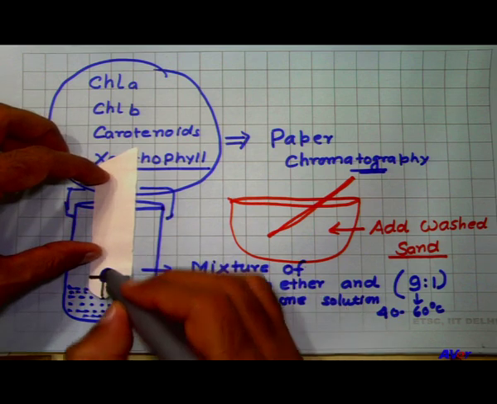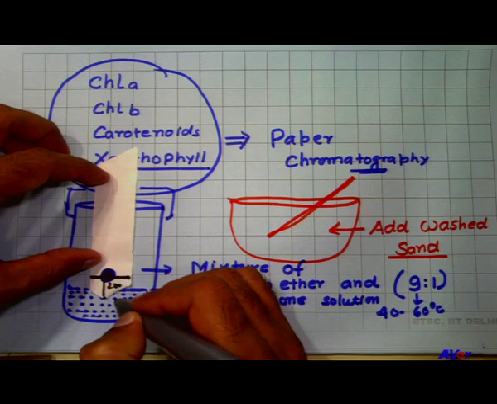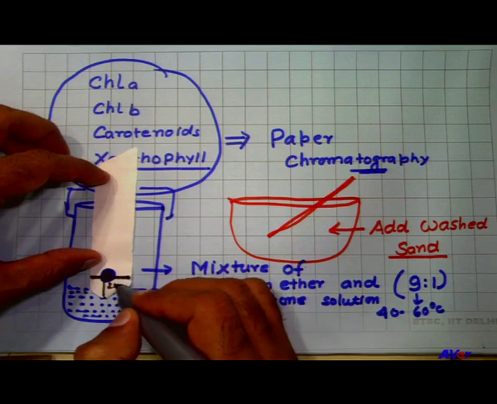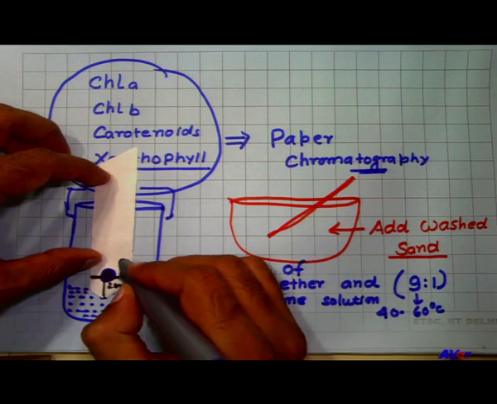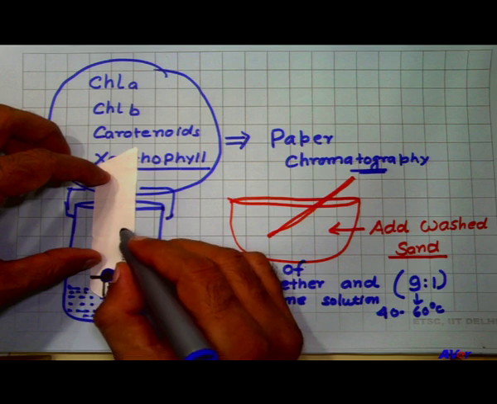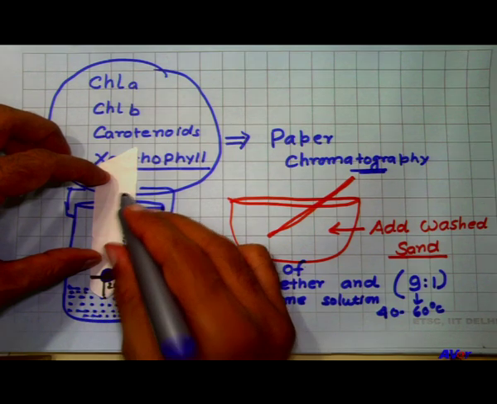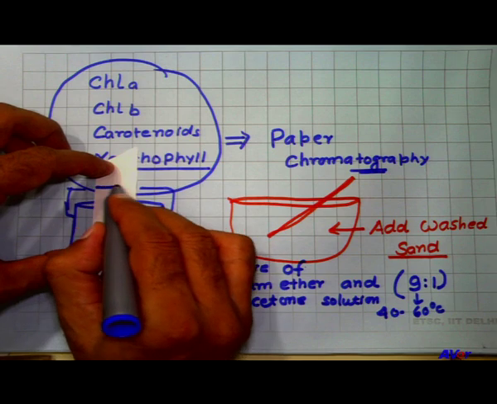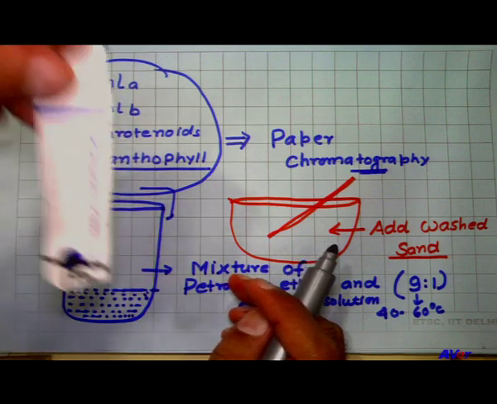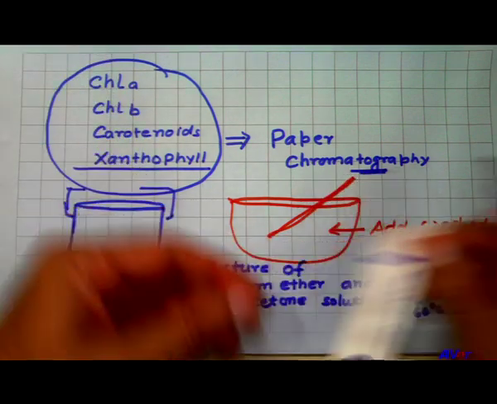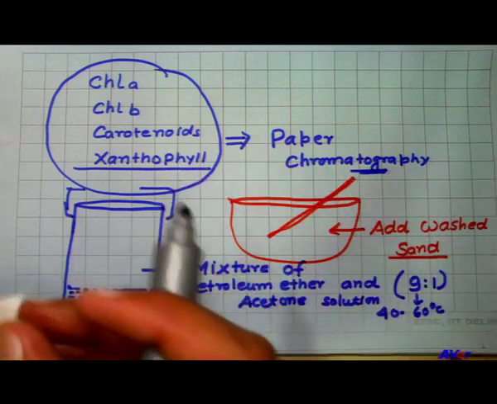After some time, we will find that the mixture of petroleum ether, that is called the solvent, is growing up. After 1 hour, we remove the chromatography paper and dry it, sun dry or fan dry.